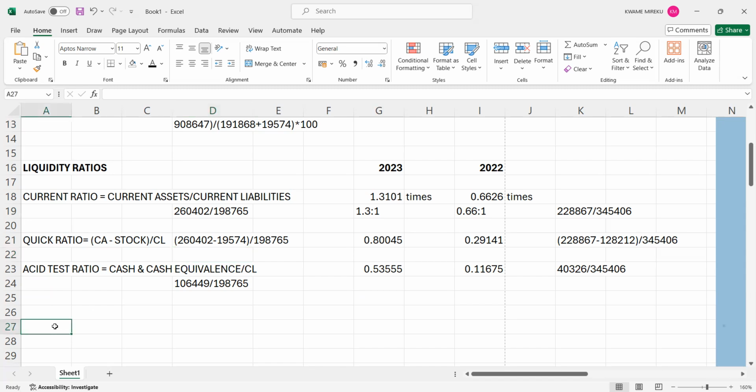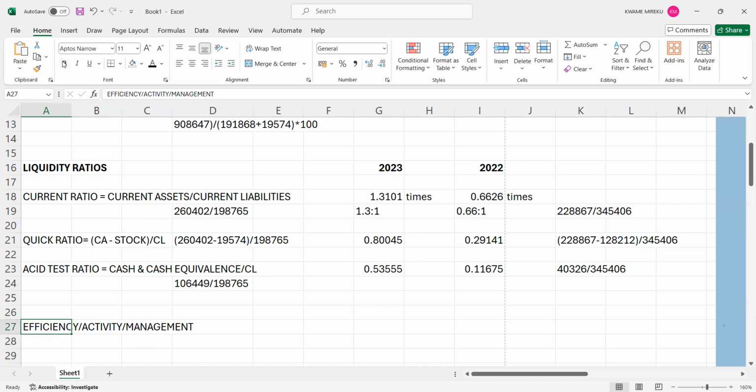Then we turn our attention to efficiency ratio or activity ratio. Some call it management ratio: how we are able to manage our resources.